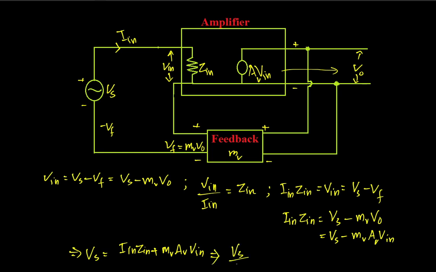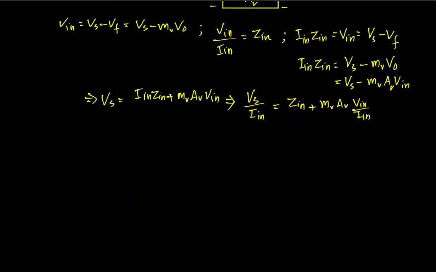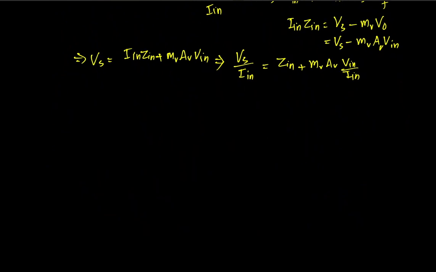If we divide it by Iin, then Vs divided by Iin is equal to Zin plus Mv Av into Vin divided by Iin. But Vin divided by Iin is nothing but Zin, the input impedance.